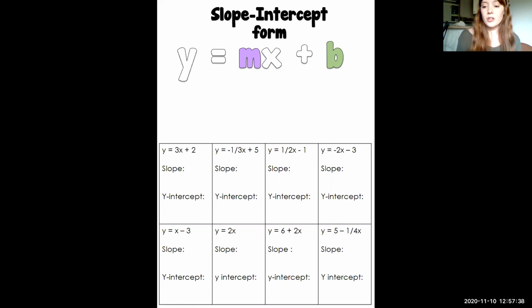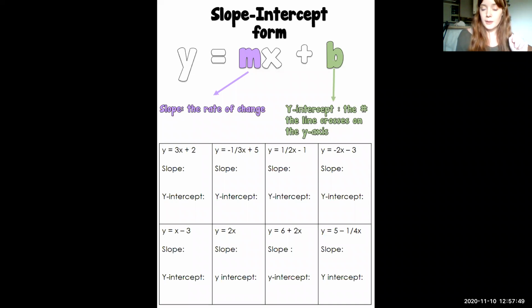In slope-intercept form, the slope is the number in front of the x every single time. And the y-intercept is the thing that's being added to a number times x. So we can easily see the slope and the y-intercept of a graph.